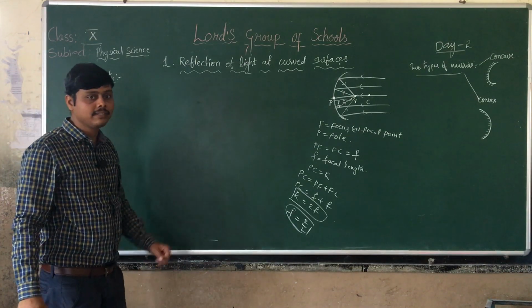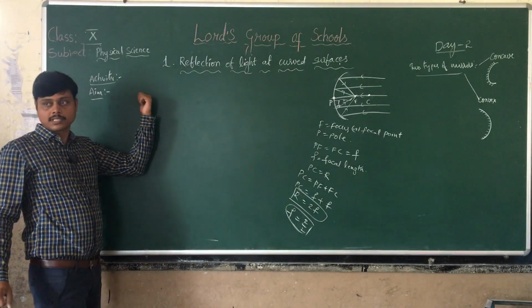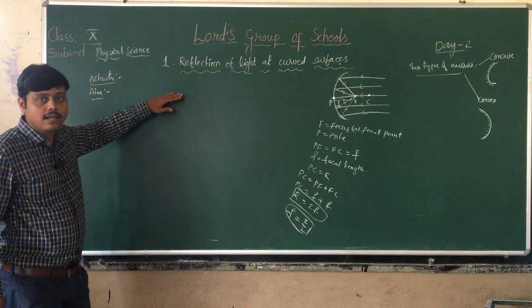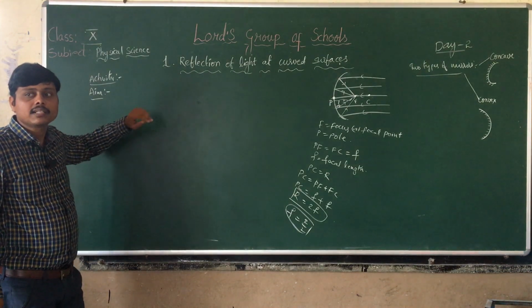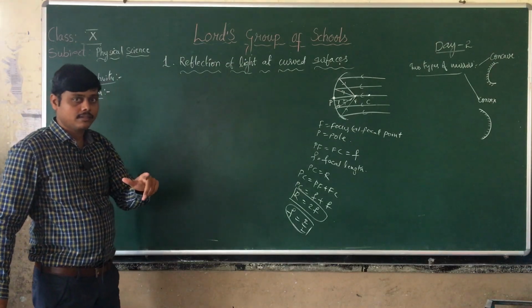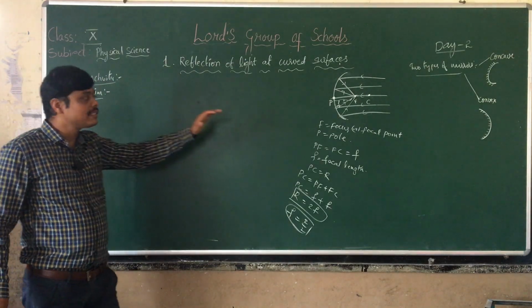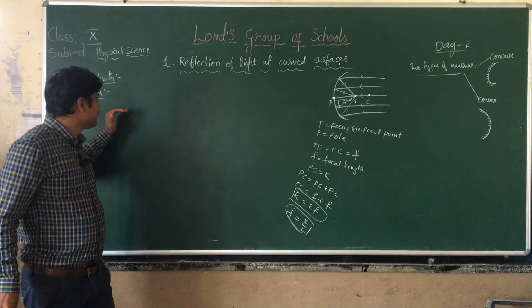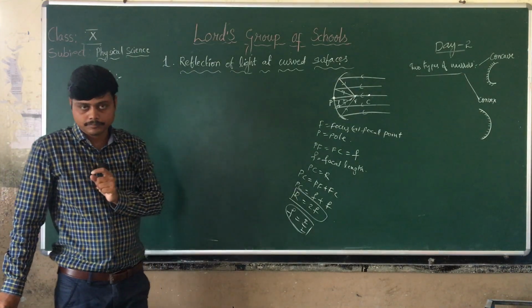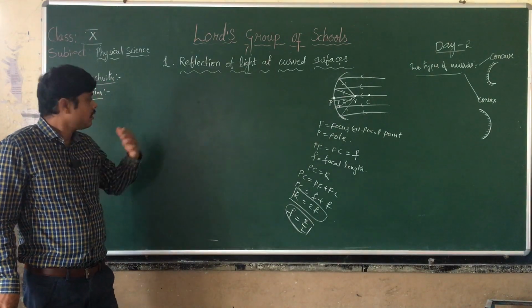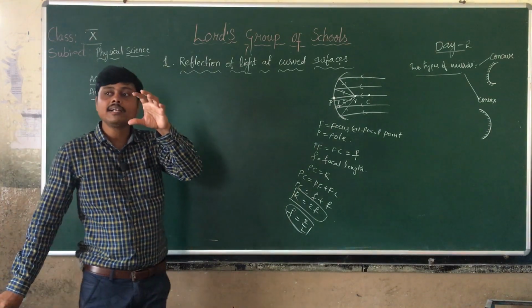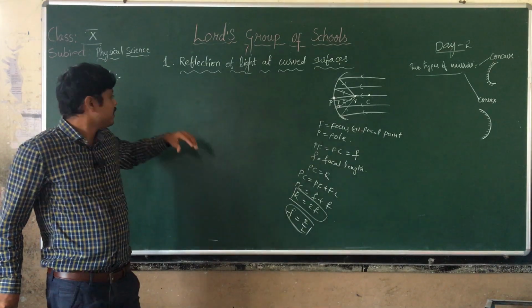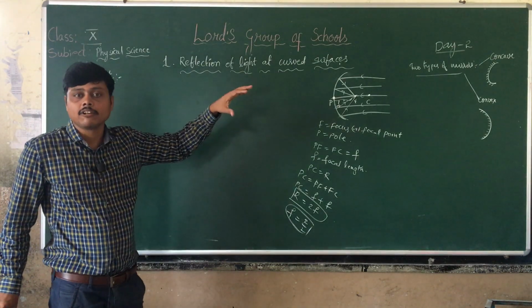Whenever we discuss an activity, we need to follow some steps. The aim of this activity is observing the types of images when an object is placed at different distances from a curved mirror. In this activity we are using a concave mirror. Our aim is observing the different kinds of images when an object is placed before a concave mirror.